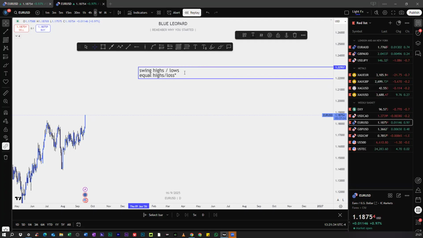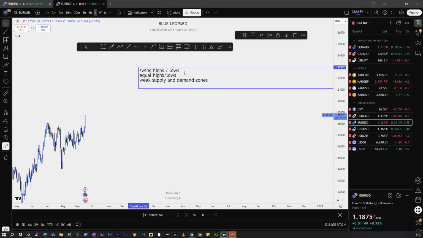Where do we find liquidity again? Okay, it is always above or below weak supply and demand zones.